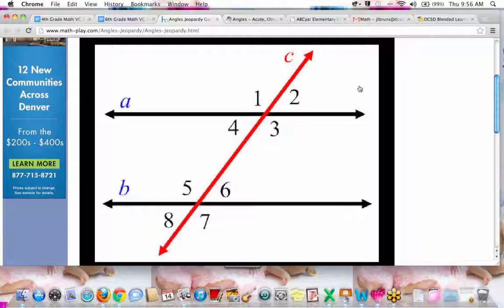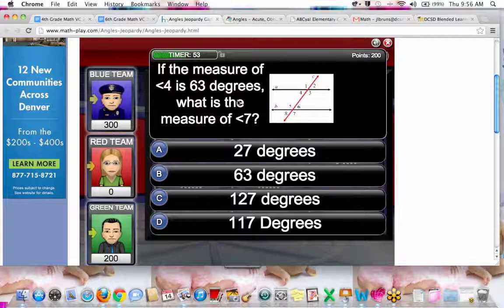Same with 8 and 7. If I add 8 and 7, I would have to have 180 degrees. So angle 4 is 63. So now think, what's 180 minus 63?